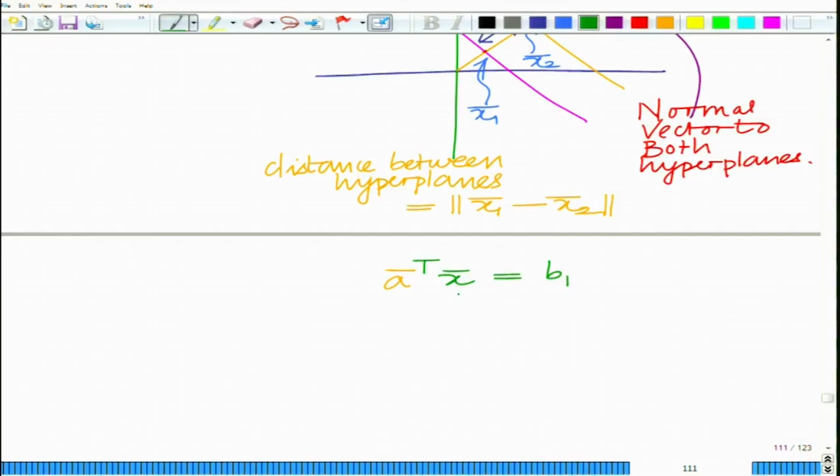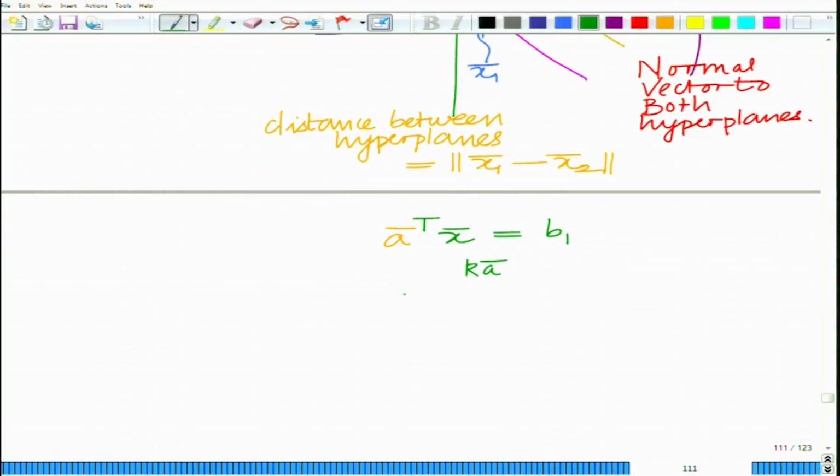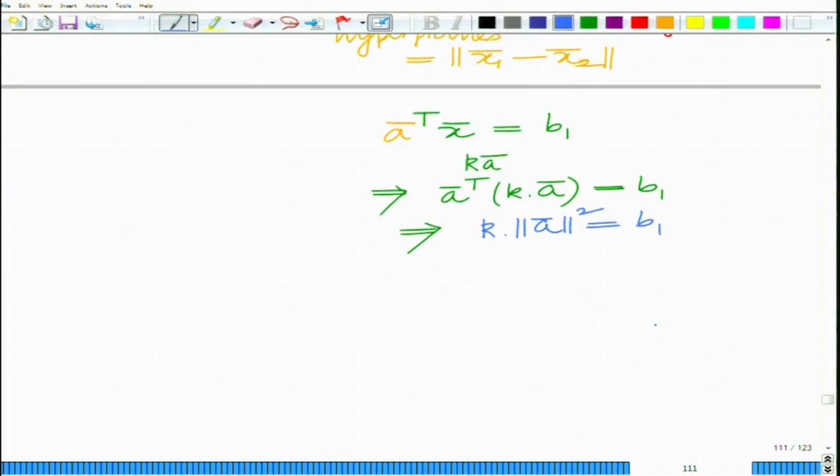The point along the normal is some constant k times A bar. Then A bar transpose k times A bar equals B1, which implies k times A bar transpose A bar, that is norm of A bar squared, equals B1. This implies the constant k equals B1 divided by norm of A bar squared.